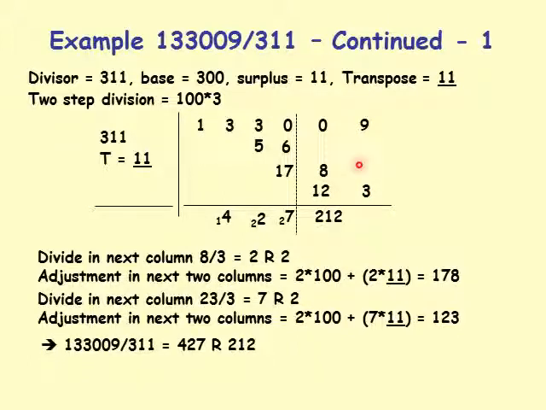Total in the remainder column is 212. 80 plus 120 is 200. 200 plus 9, 209, plus 3, 212. That means that if I divide 133009 by 311, I get 427, remainder 212.